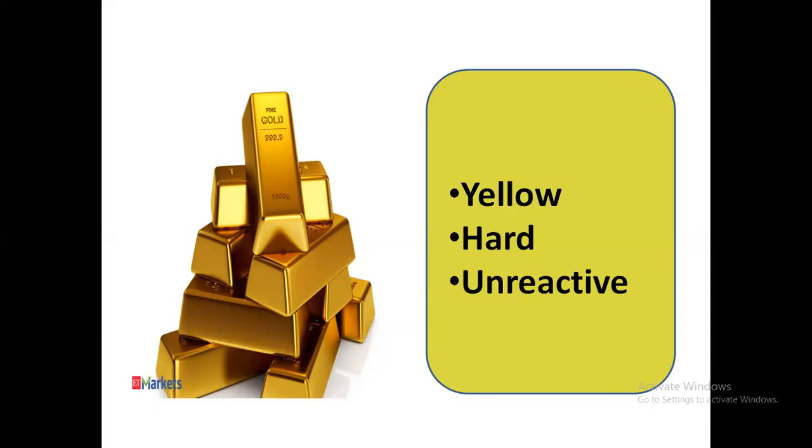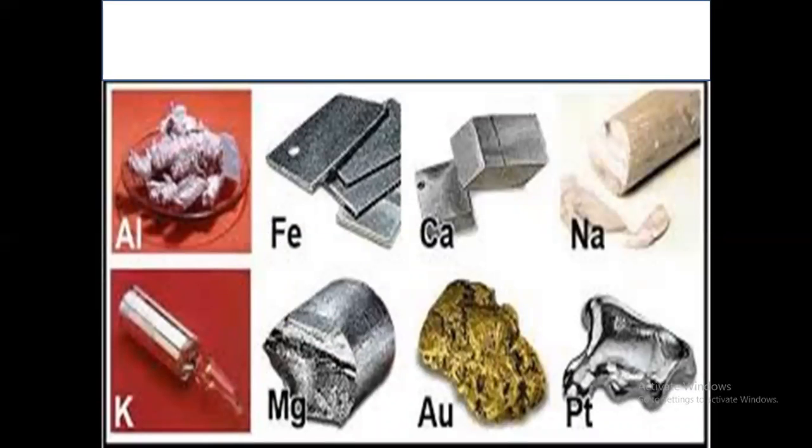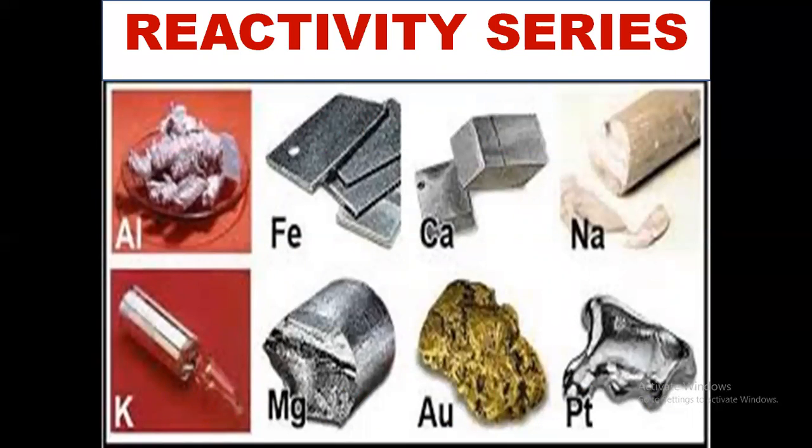But if you observe another example, that of potassium, then you will see that potassium, on the other hand, is gray in color, it is a relatively soft metal and it is a highly reactive metal. So we can actually organize these metals according to their reactivity. And this organization of metals according to their reactivity is known as the reactivity series.